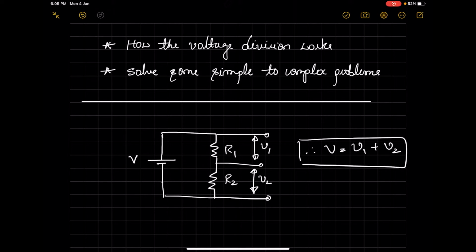And the voltage divider name comes from the same understanding. The total voltage applied V is nothing but the sum of the voltage across the resistors connected in series to V, in this case R1 and R2.